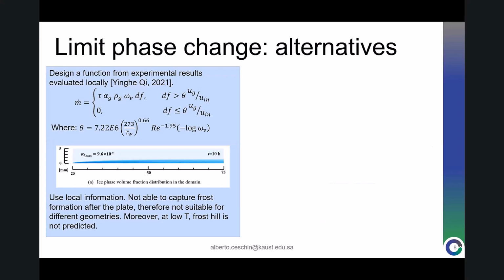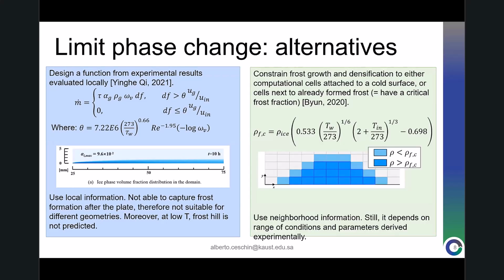It's either to build a complex relation from experiments, where we basically cut the mass transfer rate if we are far from this frost layer, or we can use the information of the cell next to our computational cell and see if the cell is attached to the cold surface or it has some frost already next to it.